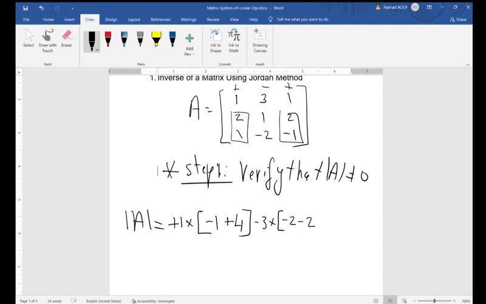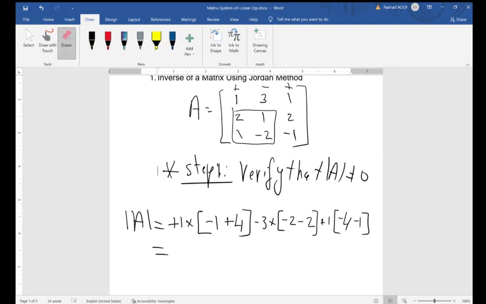The last coefficient is plus 1 times the determinant of this matrix: 2 times minus 2, minus 4, minus 1, equal to minus 1 plus 4 plus 3 plus 3, minus 4 times minus 3 plus 12, and this one is minus 5.